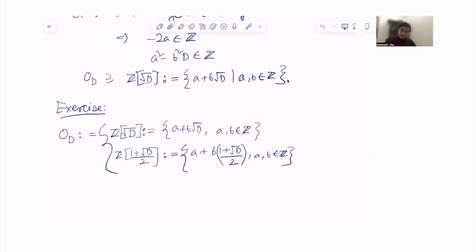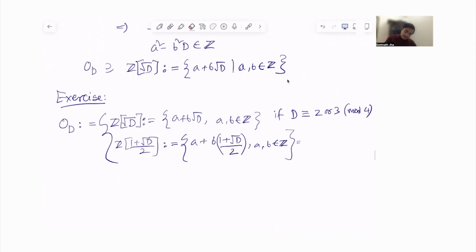Okay, so this is equal to, and this set, excuse me, this is also equal to, if D is congruent to 2 or 3 mod 4, and this is if D is congruent to 1 mod 4. Okay. So if D is congruent to 2 or 3 mod 4, this will be the case.